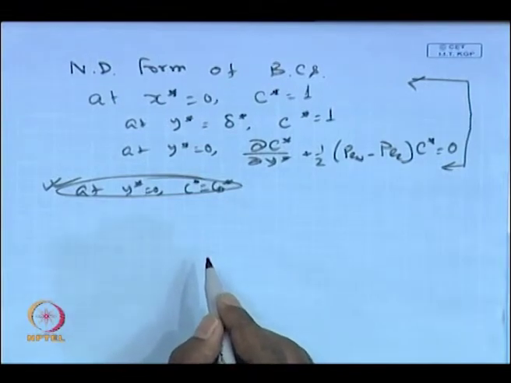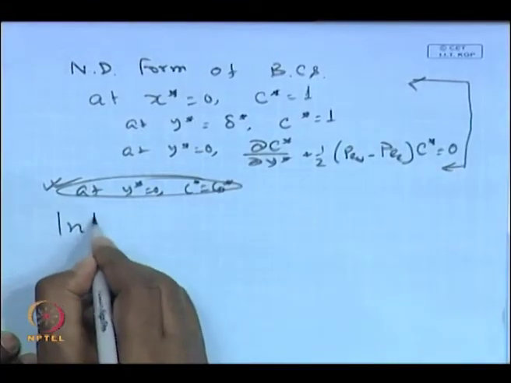Now, for this set of equations, we are going to use an integral method of solution as earlier, and it is an approximate method. That means we are going to assume a concentration profile within the mass transfer boundary layer. Since you are assuming the concentration profile, the integral method is known as the approximate method solution.